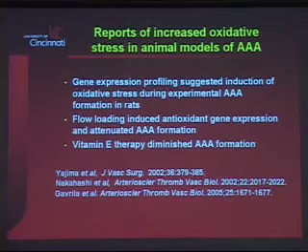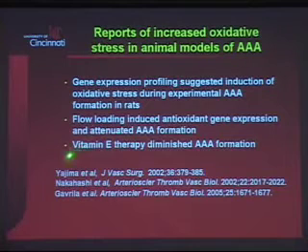And then studies emerged dating back about 10 or so years now, looking at this hypothesis in animal models, and a number of studies from many labs now have confirmed that there's evidence of induction of oxidative stress during formation of aneurysms experimentally in several different models. Ron Dahlman's lab showed, using his AV fistula technique, that flow loading induced antioxidant gene expression and attenuated aneurysm formation.